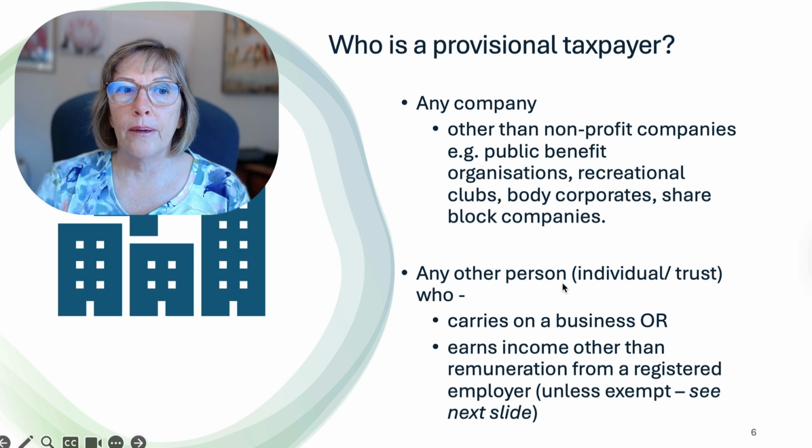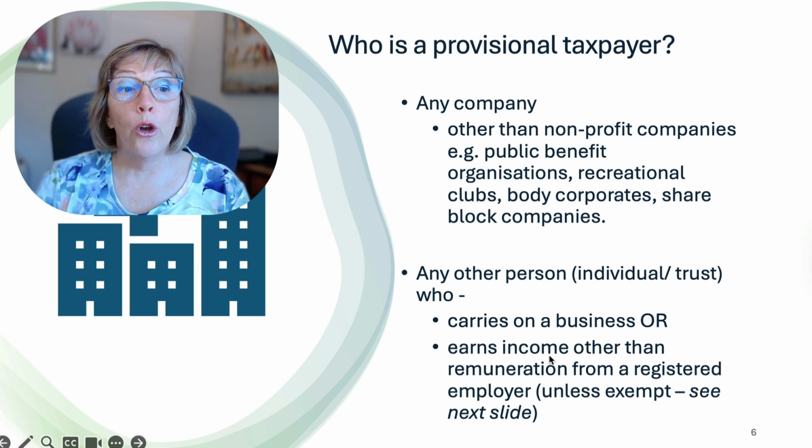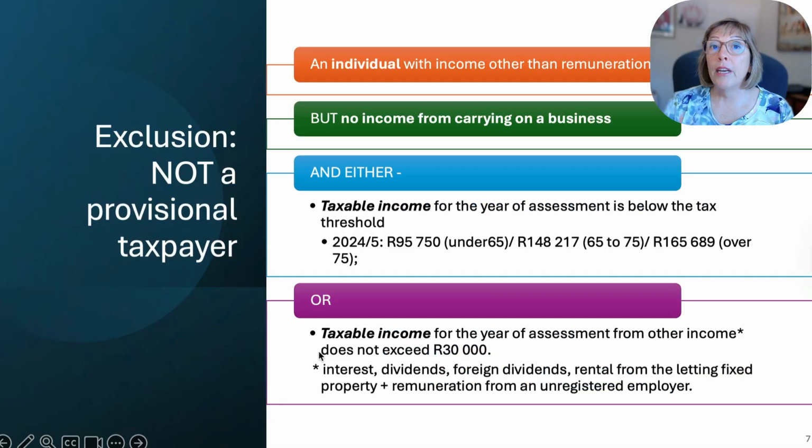Any other person, individual or trust, if they either carry on business or they earn income other than remuneration from a registered employer, they would be a provisional taxpayer unless they fall into this exemption where they're not carrying on business and either their total taxable income is less than the threshold, or if we look at their other income and we say how much is derived from interest, dividends, foreign dividends, rental, and let's call it untaxed remuneration, that must be less than 30,000 Rand.